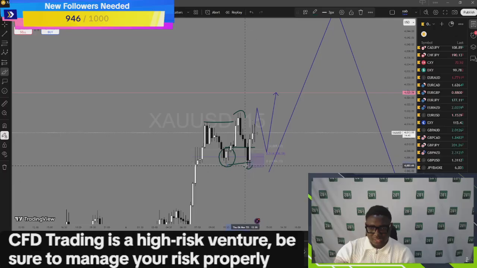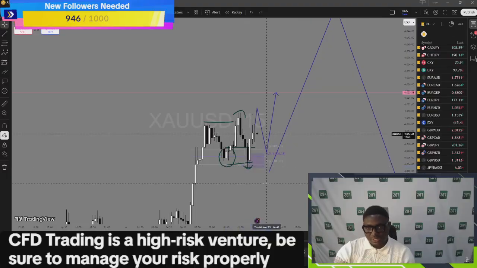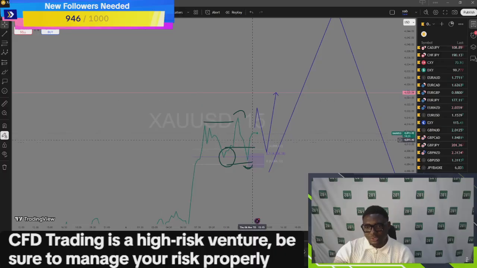So you see that this was the sweep of liquidity, and all I simply did was ask, where is the key level that gave us this sweep? This is it right here.